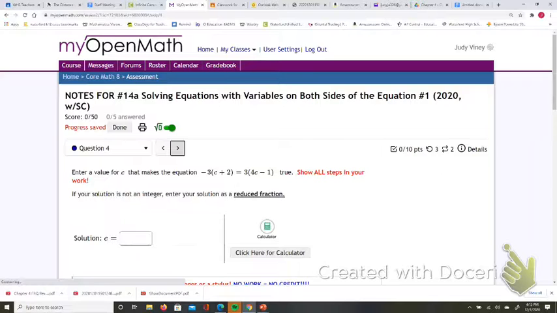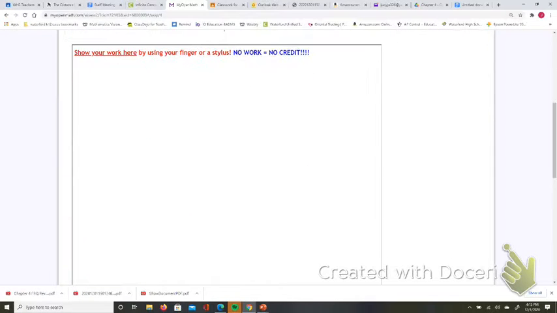number 4. Okay, the first thing that we do when we get to a new problem is we write it down. So negative 3 parentheses c plus 2 equals 3 parentheses 4c minus 1. Okay, remember, again, we have parentheses. Anytime you have parentheses, your first step is to distribute.